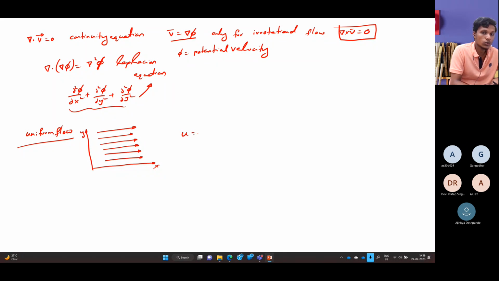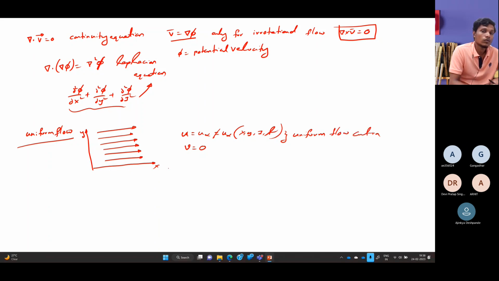U should equal U infinity, meaning constant, not a function of x, y, z. U should be constant and v should be 0, with no z component. These conditions are called uniform flow conditions.